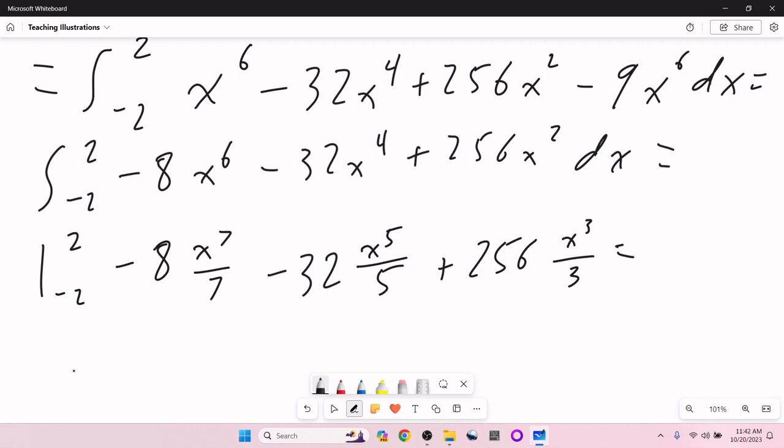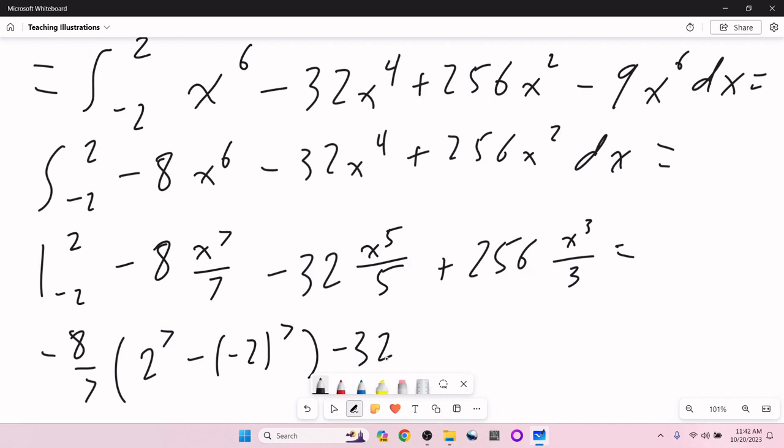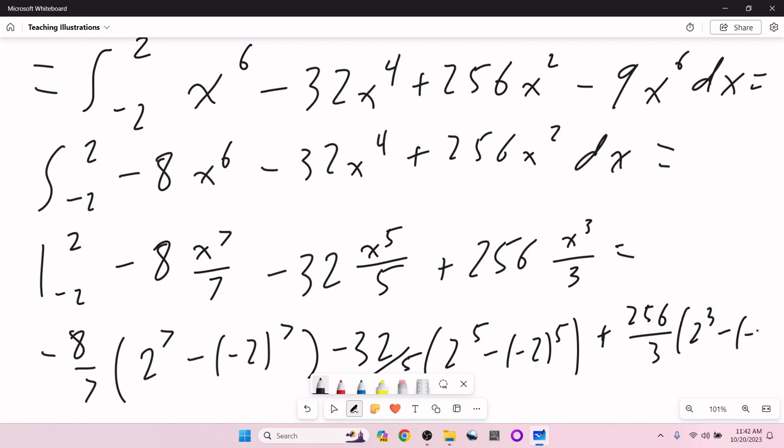Then we plug in, so we get negative 8 over 7, 2 to the 7th minus negative 2 to the 7th, minus 32 over 5, 2 to the 5th minus negative 2 to the 5th, plus 256 over 3, 2 to the 3rd minus negative 2 to the 3rd.